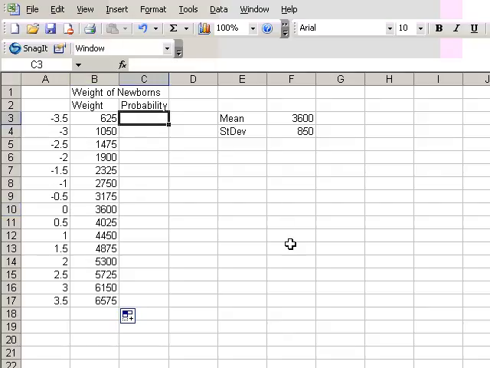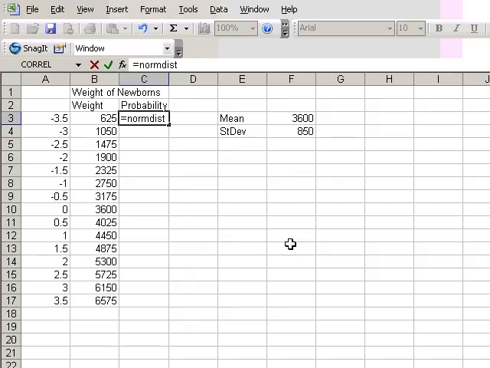Now, to find the probabilities, I use the equal NORM.DIST function, and x is, in this case, 625 grams, and it will change as we go down the column of weights.